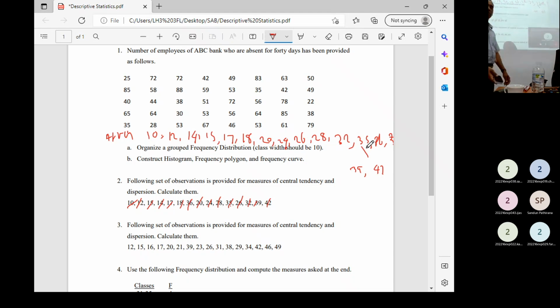Other digits are written in the stem part. Then we can organize data row-wise. After that, the array can be written.